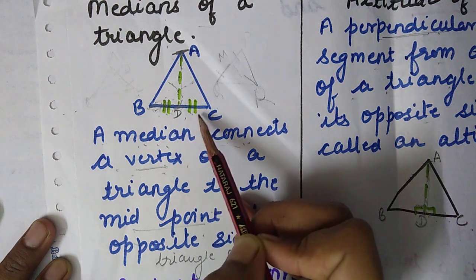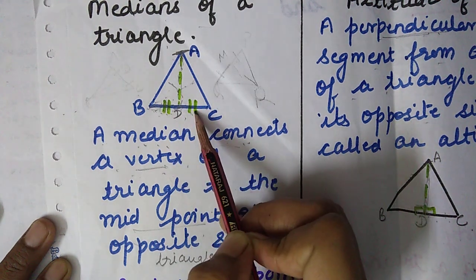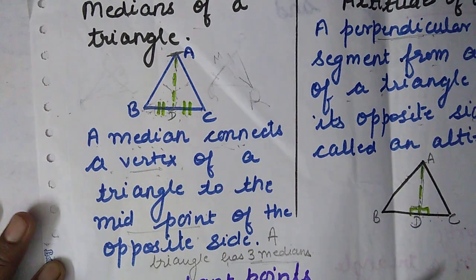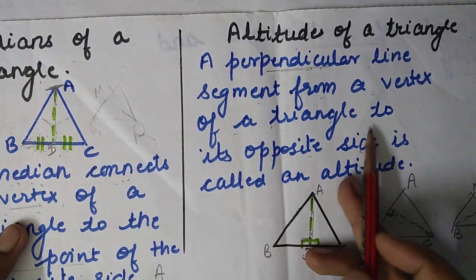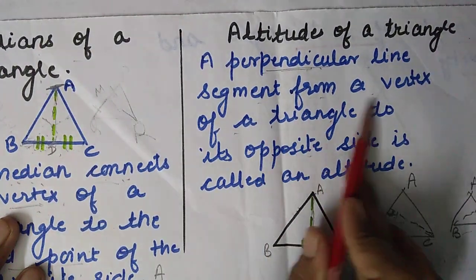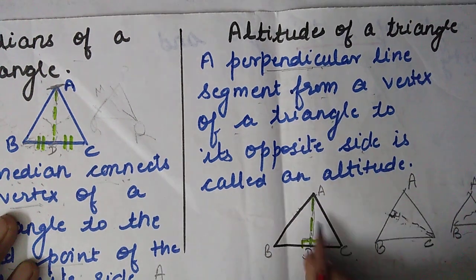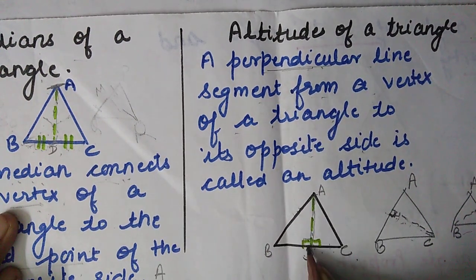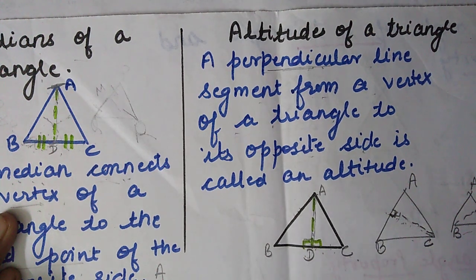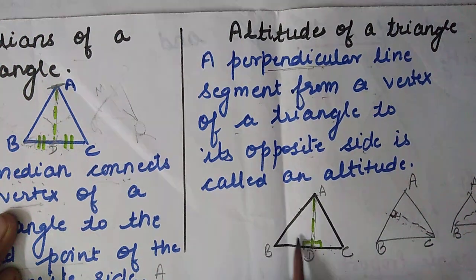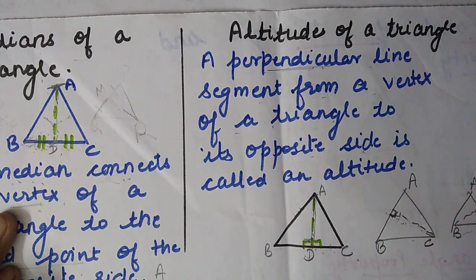Bisect means that it will divide it into 2 equal parts, that is median. Now altitude is a perpendicular line segment from a vertex of a triangle to its opposite side. It means this is a line that makes 90 degree on the opposite side, that is known as altitude. And there are 3 altitudes and 3 medians in a triangle.